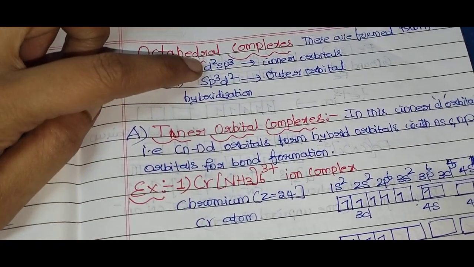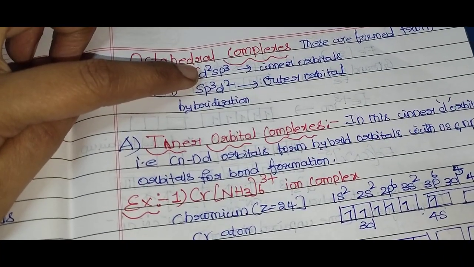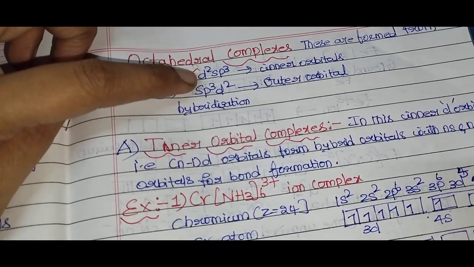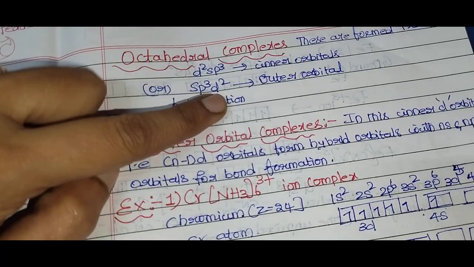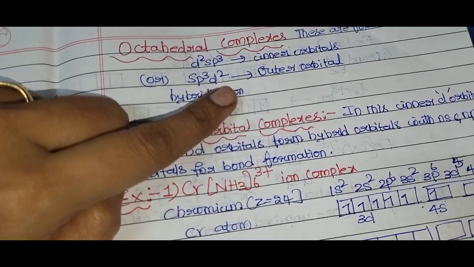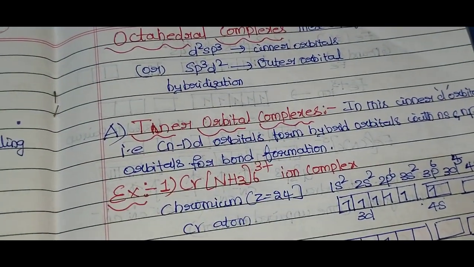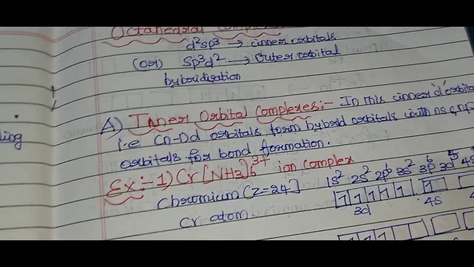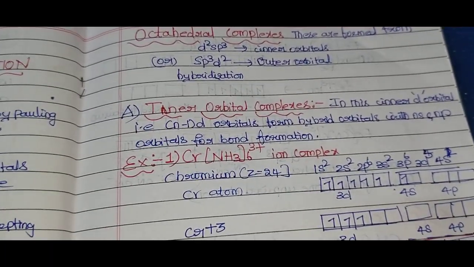The d orbital in d2sp3 is present inside, which is why we write d first. In sp3d2, the d is present in the outer orbital, next to the s and p orbitals, so that is an outer orbital complex. When we go to the examples, we will understand inner and outer orbitals.